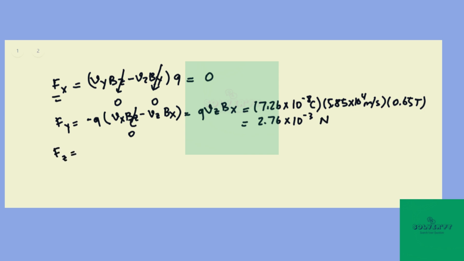Now, let's do the last part. Fz would be equal to Q (Vx By minus Vy Bx). Vx By is 0, so the first term is 0.